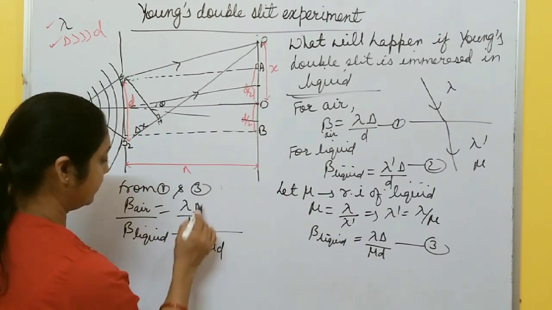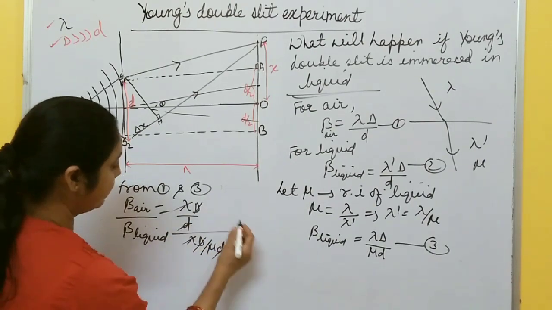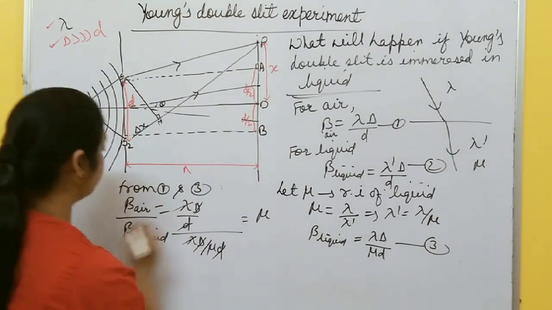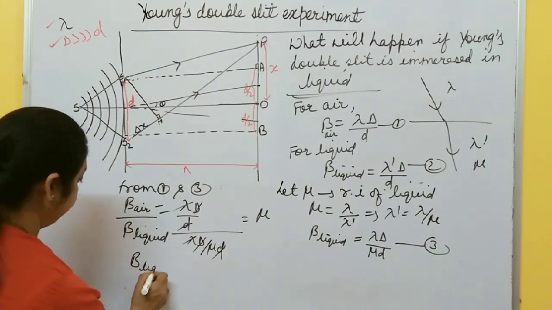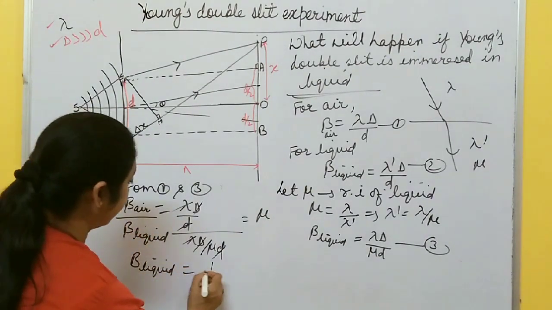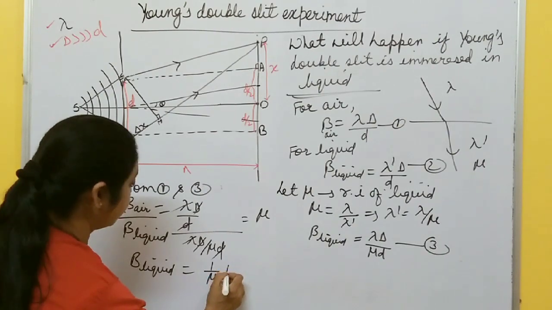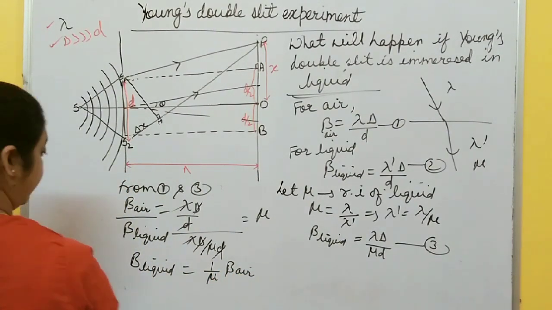So D and D cancel, d cancel, lambda cancel, you take mu upward. This is mu. It means the fringe width when kept inside the liquid is 1 by mu times the fringe width in air. This is the relation.